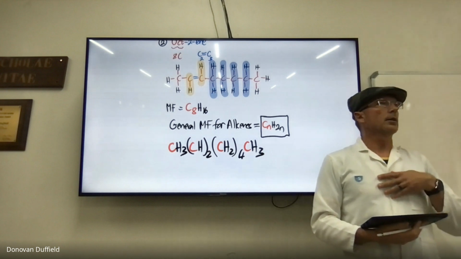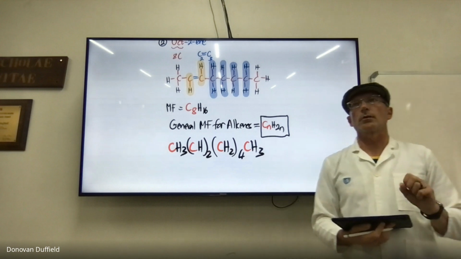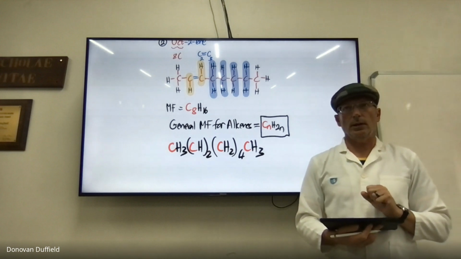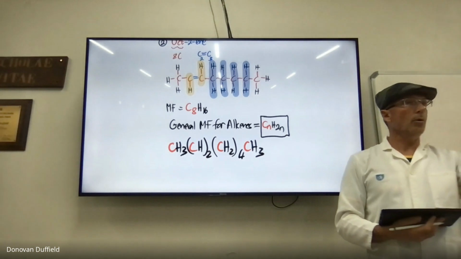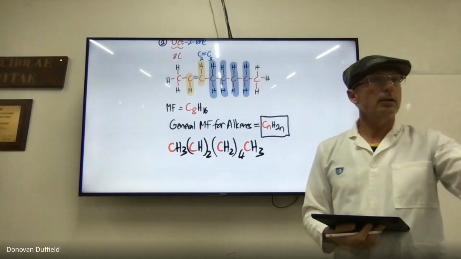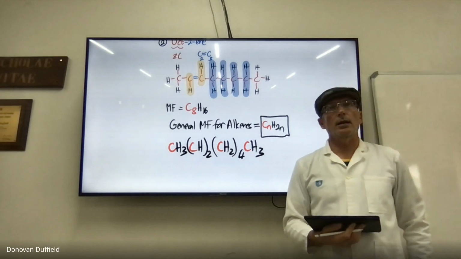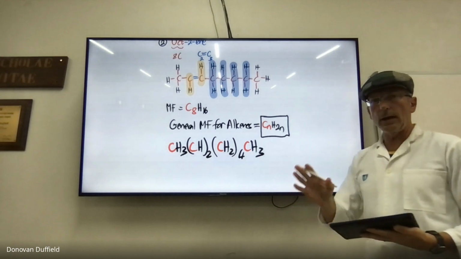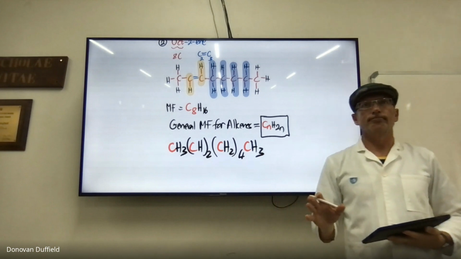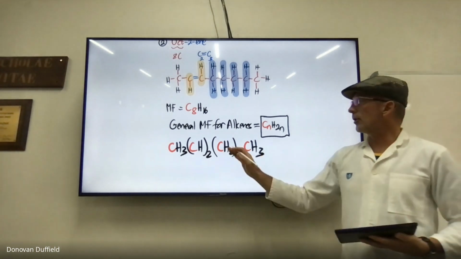These kinds of questions are in your exam, where you're asked to draw the structural formula or provide the condensed structural formula of certain alkanes and alkenes. Are there any questions on this at this stage? So that's the condensed structural formula.